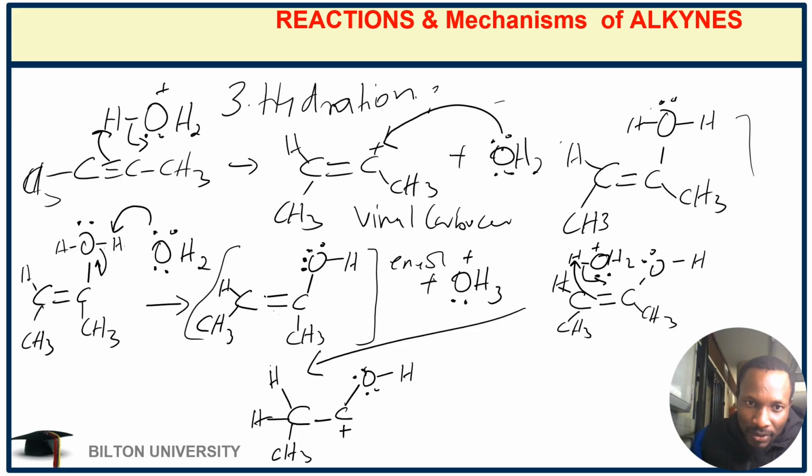Now actually there's a resonance stabilized structure, that's what we call it. If you look, this carbon here has fewer electrons, it is an electrophile, and there are some electrons here which can come to fill this so that it becomes stable, and this is what happens.